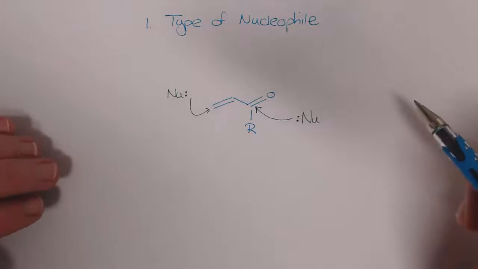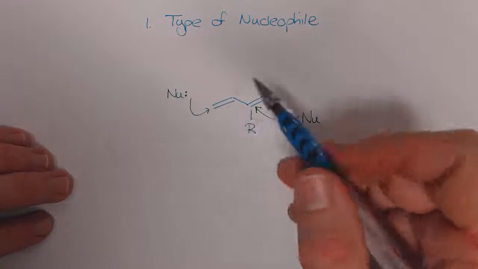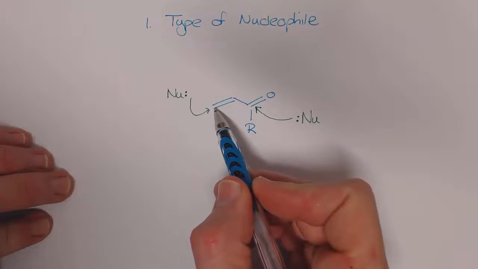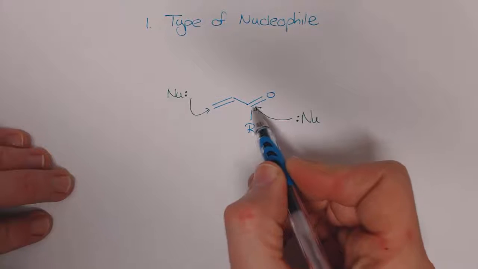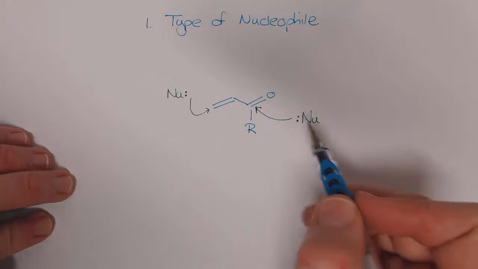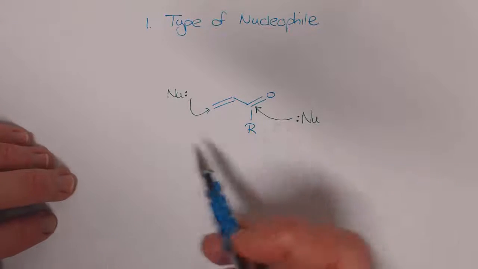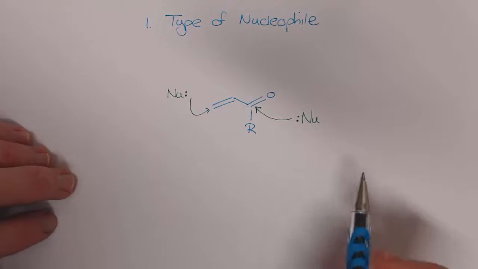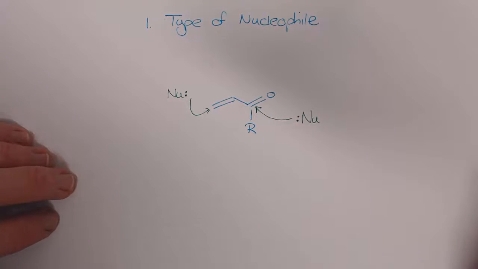So as we consider the type of nucleophile that influences whether we have a conjugate addition, which is adding to this carbon here, versus a 1,2 carbonyl addition, which is adding to this carbon over here, we need to consider a number of different factors. And actually, in terms of conjugate addition, this is probably one of the more difficult factors that you're going to have to learn about.